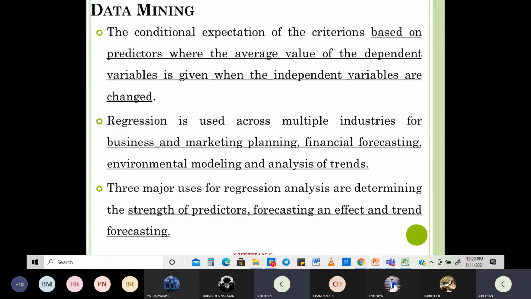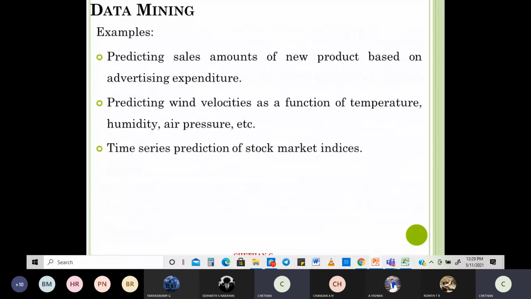Okay, so what are the examples that you have? Predicting the sales amounts of a new product based on advertising expenditure. That's one model that you can build. I have spent 1 crore rupees on advertising. What may be my sales from a particular product? I'm selling a toothpaste, and I've spent 1 crore rupees on advertising.